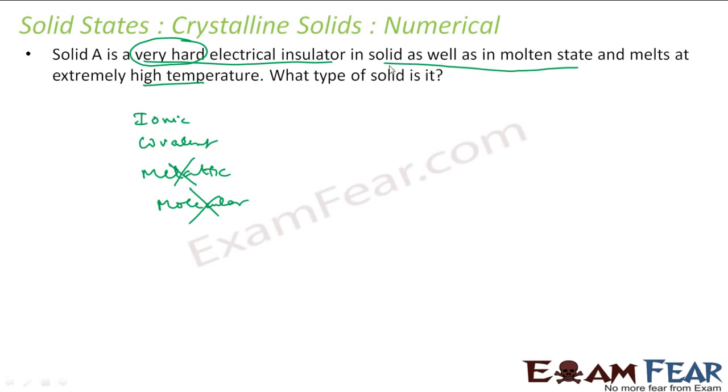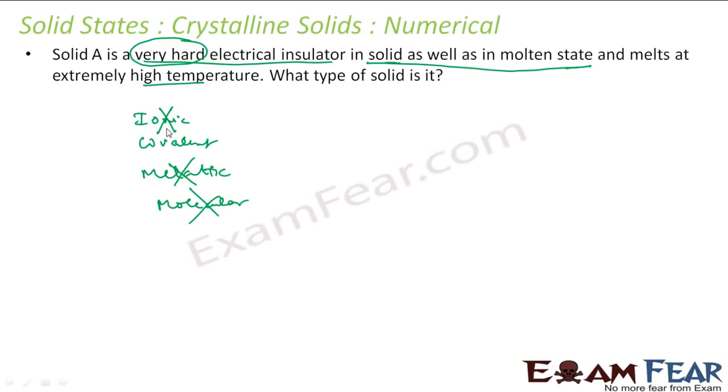Now the option is between ionic and covalent, right? It is saying that it is an electrical insulator in solid as well as molten state. Had this been ionic, it would not be an insulator in molten state. We have seen in molten state, ionic breaks into ions and it conducts electricity. So it is not even ionic.